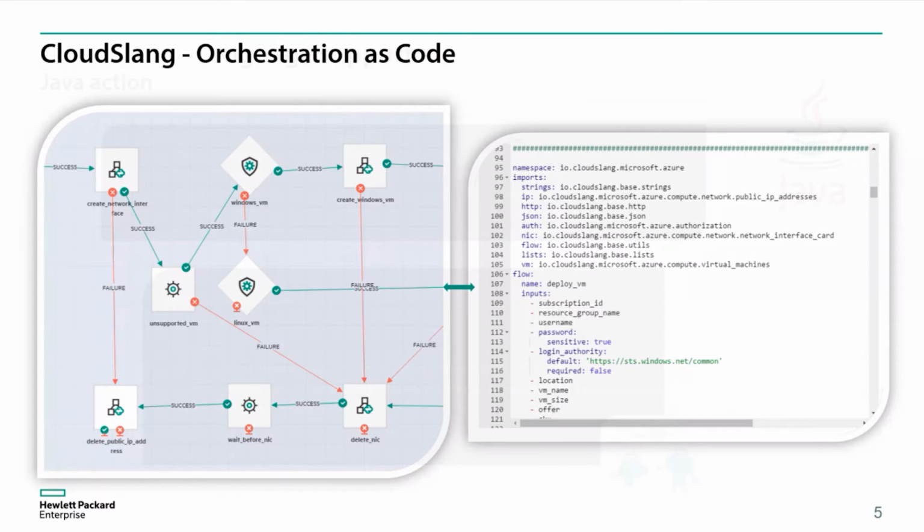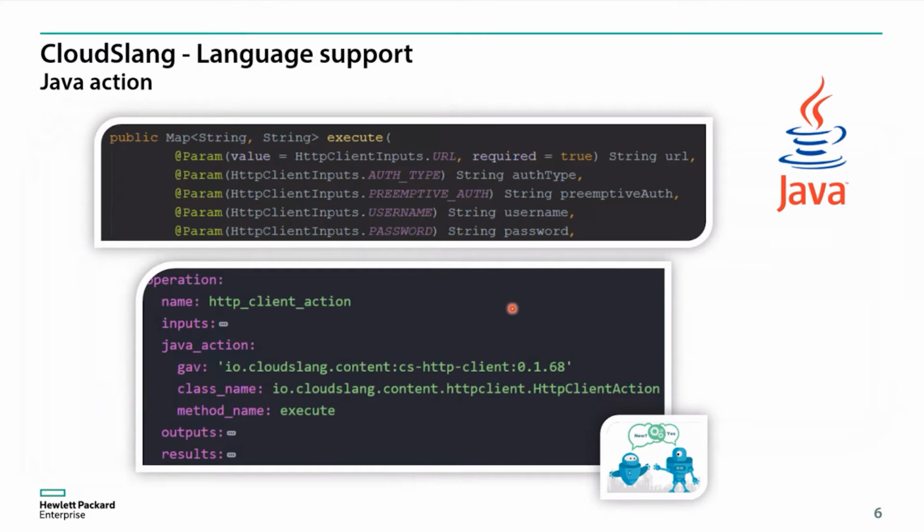Now, in terms of language support, CloudSlang supports Java actions. So you can simply write your Java actions and then consume them in CloudSlang. So you can create wrapper-based flows on top of your operations or on top of your Java actions and use them.